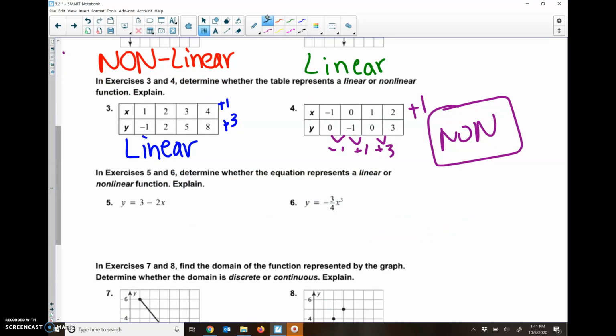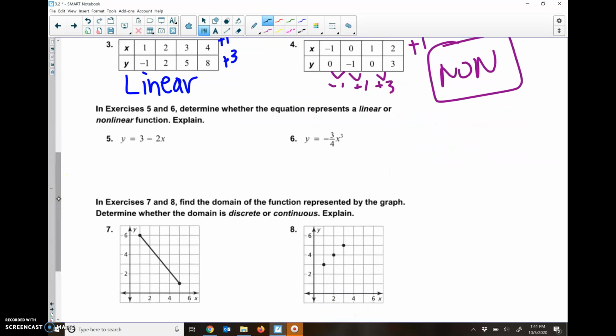All right, 5 and 6. It's a lot easier to tell you what makes something non-linear than linear. So these are the things. If it has any one of these things, it is non-linear. Okay, there's 5 of them. So if it has x times y, it is non-linear. If it has the square root of x, it is non-linear.